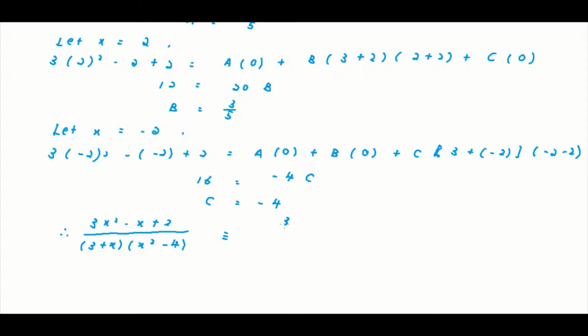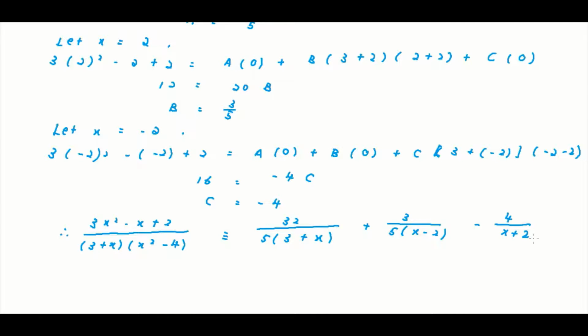So how are you going to write that? 32 for the numerator part, and then 5 over 3 plus x. After that for your b, it's going to be plus, since you get 3 over 5, so 3 over 5, then your denominator is x minus 2. Then the last one, negative 4 over x plus 2. So this is how you leave your last answer.